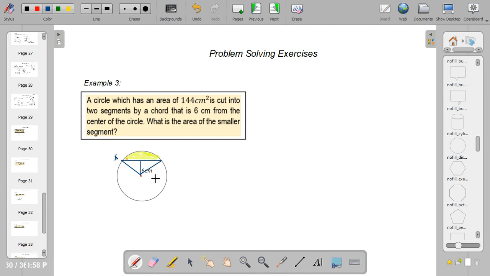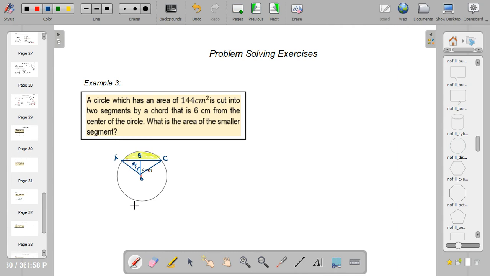So let's say this is A and this is B, and this is C. Okay, and this is O. So 6 meters, 6 meters. And of course, this is a perpendicular bisector. So therefore, this is theta over 2. No? This is theta over 2.